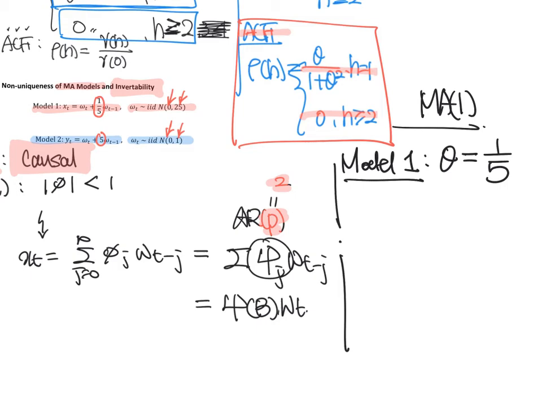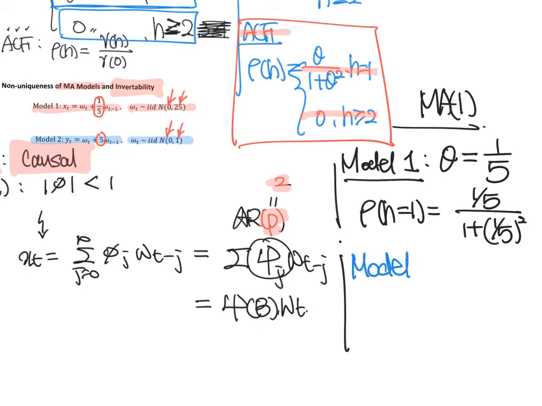So I can take the ACF when h equals 1, that will be 1 over 5 over 1 plus 1 over 5 square. The other one, model number 2, is another MA1, but theta is just 5.